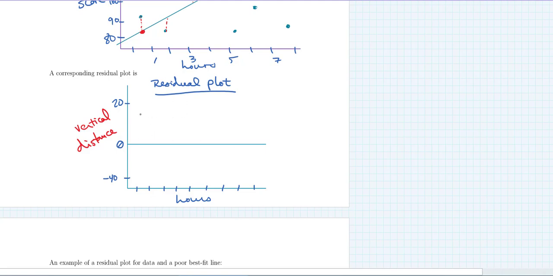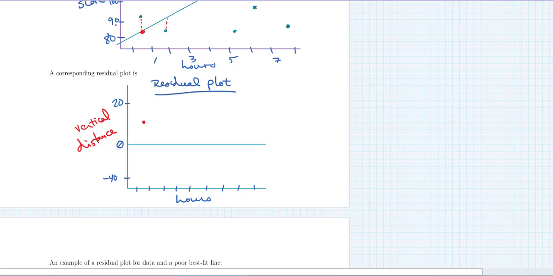For example, if we look at this first point graphed at half an hour, it has a positive distance of approximately 10. So we would plot this point at 0.5, comma 10. But what about the second point? It's graphed at approximately 2 hours, and it has a negative distance.